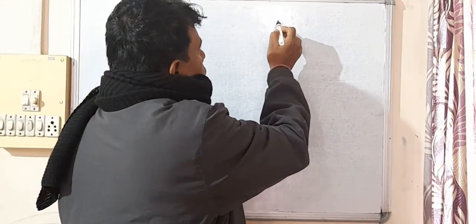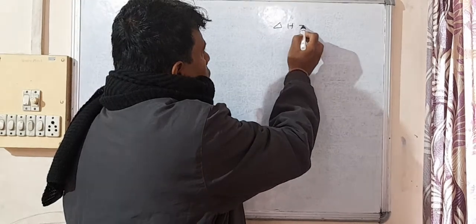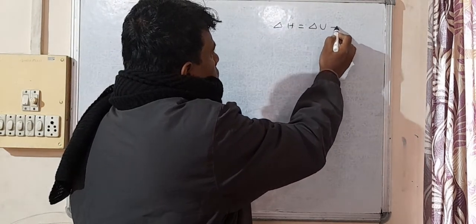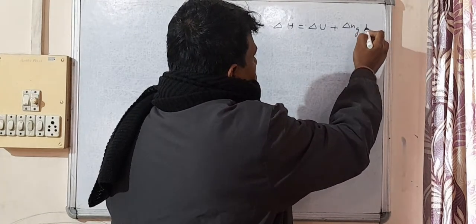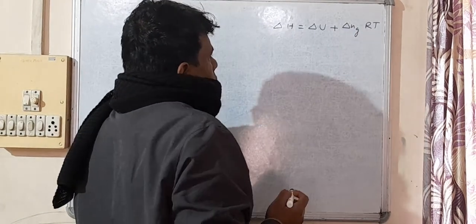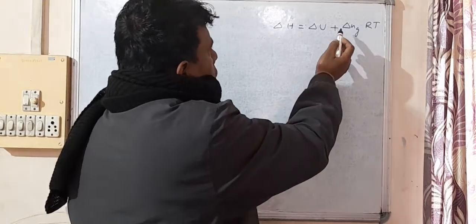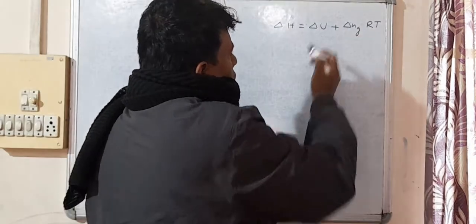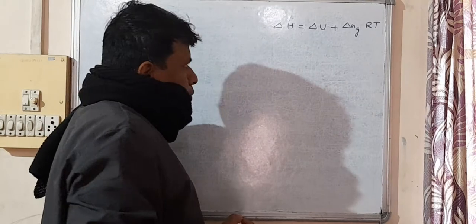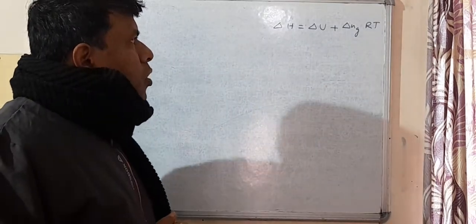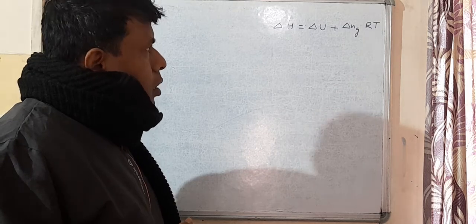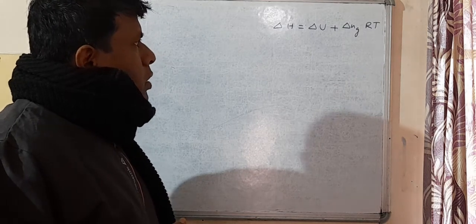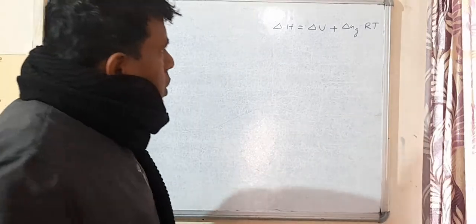In the previous video, we had discussed this relation: delta H equals delta U plus delta Ng RT, where delta Ng stands for the number of moles of gaseous products minus the number of moles of gaseous reactants.